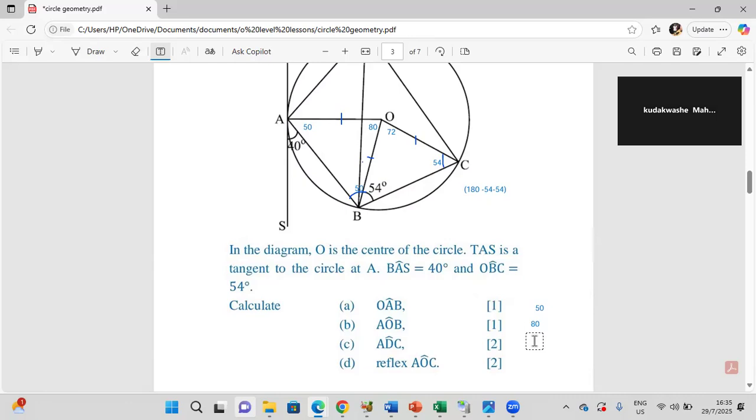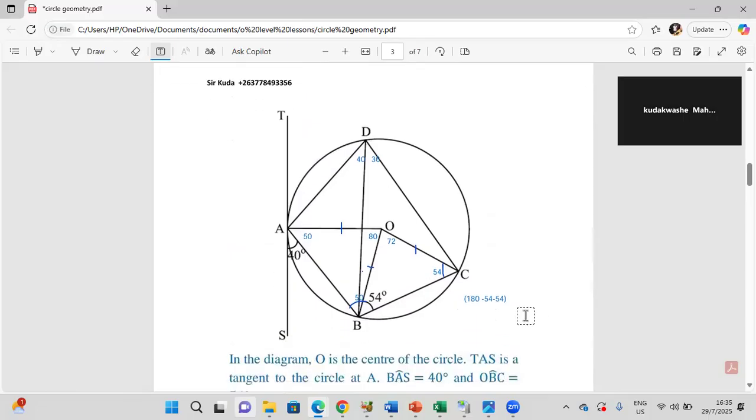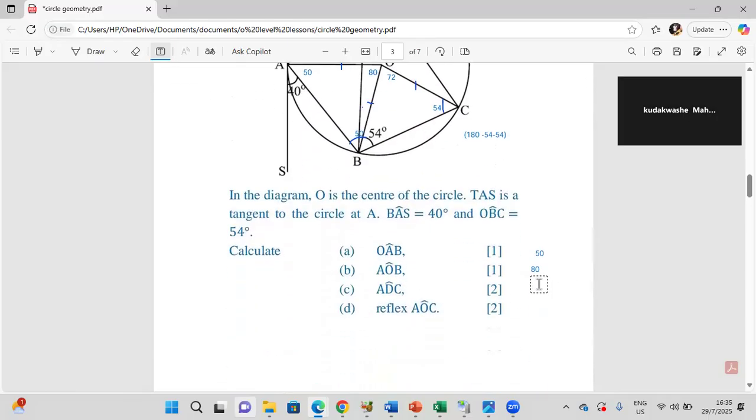Then ADC, we are adding this 40 plus 36. So ADC, we are adding the 40 plus the 36. What we get? 40 plus 36, that's 76.